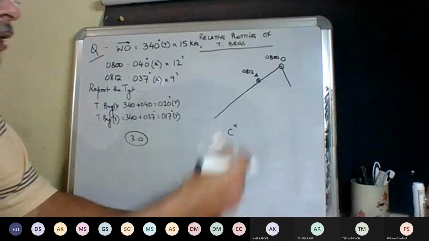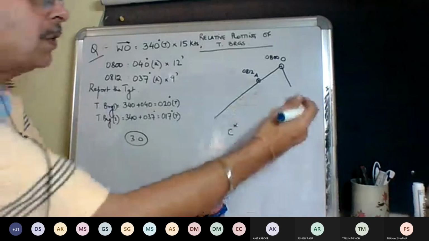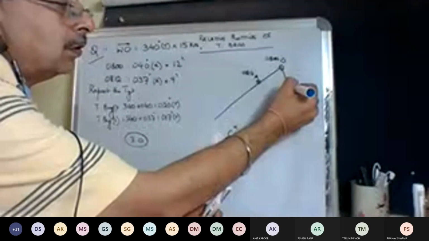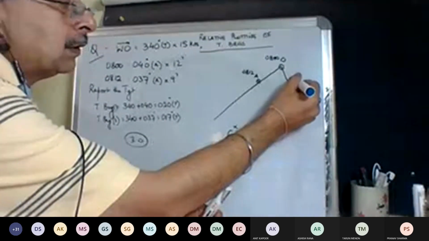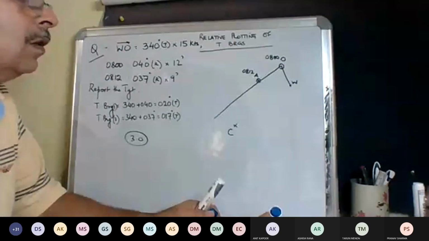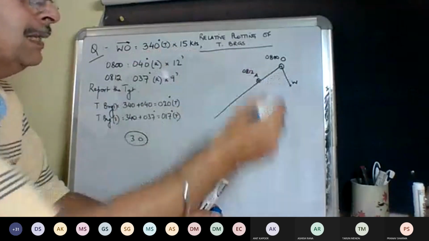That means O should head... and mark 3 miles over on this line. Call that point as W. So W to O is heading 340, 3 miles.